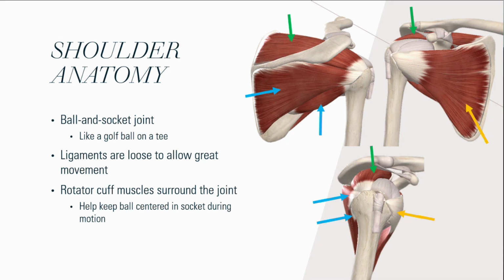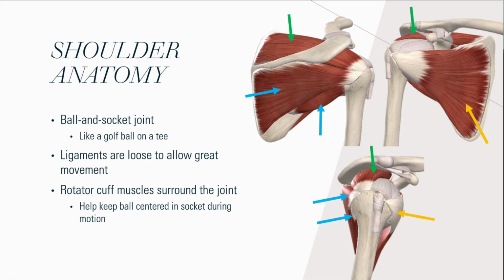Here with the green arrows, I'm highlighting one of the muscles, which is your supraspinatus muscle. In the top left picture, you can see this is looking at the back of a shoulder blade. That supraspinatus muscle with the green arrow sits across the top back of the shoulder blade, comes across to attach onto the top of the arm bone, over top of the ball and socket joint.